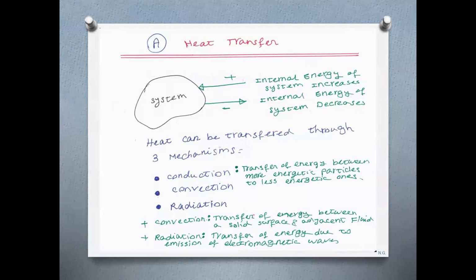Conduction is where heat is being transferred from more energetic particles to less energetic particles. In convection, it is being transferred between the surface of a solid and the adjacent fluid. We're going to talk about that. And in radiation, just through electromagnetic waves.